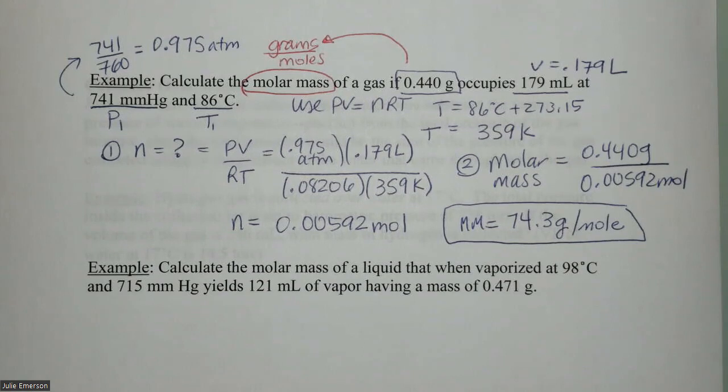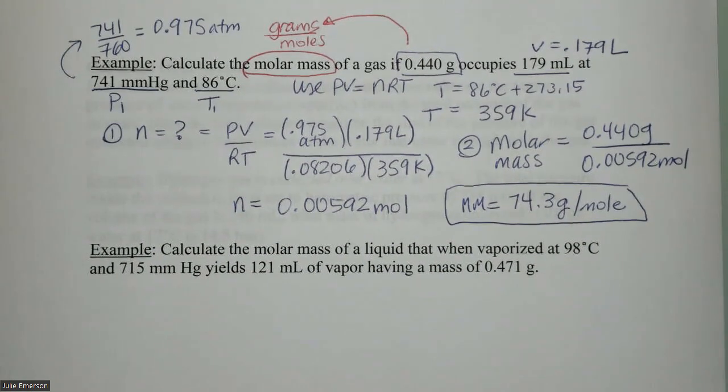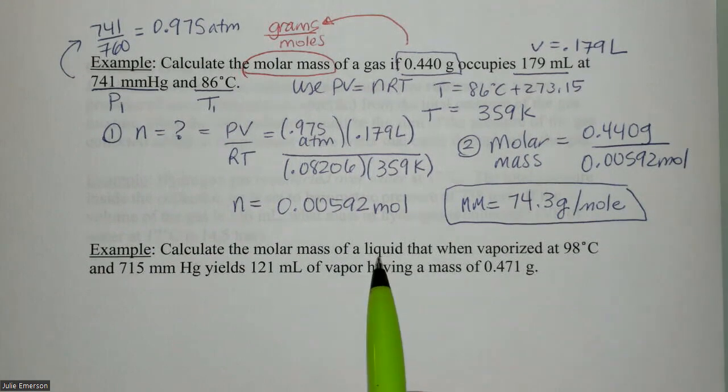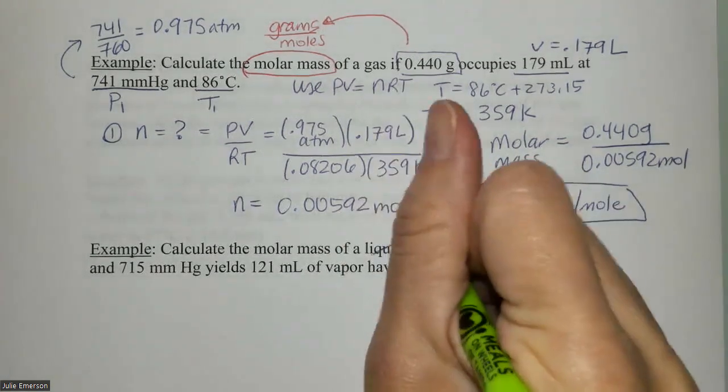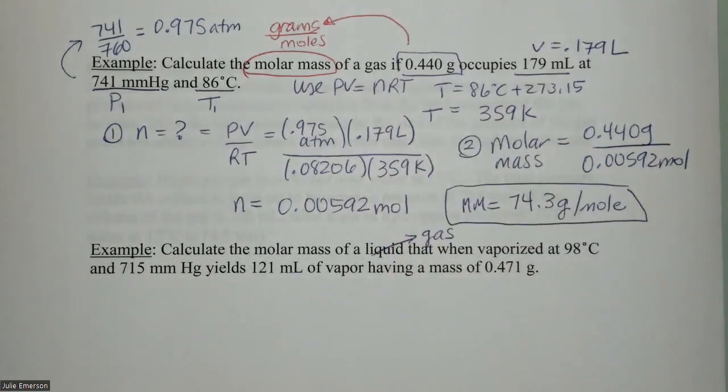All right, so let's try another one. It says, let's find the molar mass again. It says liquid, but let's not be confused by that because it says it's being vaporized, which means that we're taking it and turning it into a gas. So you'll notice that with Chem 1 problems, sometimes they just try to overcomplicate it.